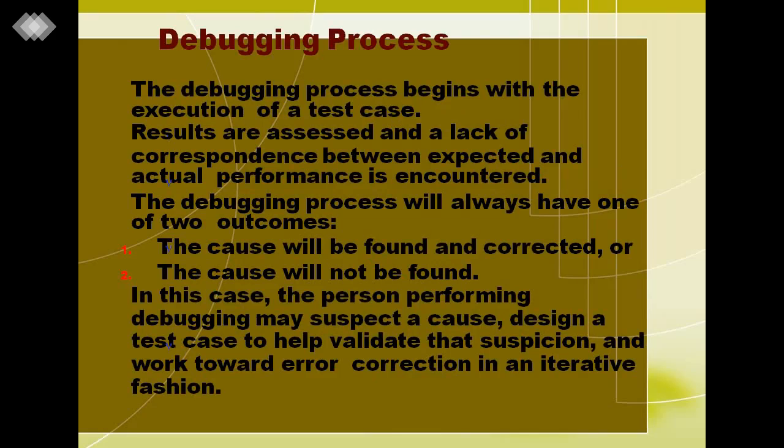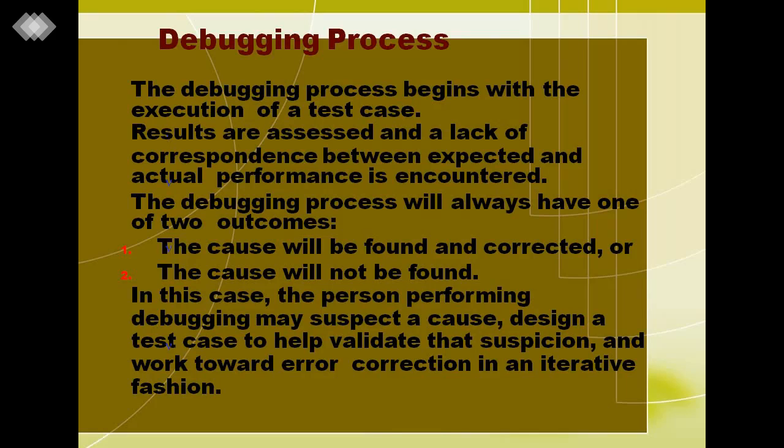Now, the debugging process begins with the execution of a test case. Results are assessed and a lack of correspondence between expected and actual performance is encountered. So, the debugging process will always have one of two outcomes: the cause will be found and corrected, or the cause will not be found.